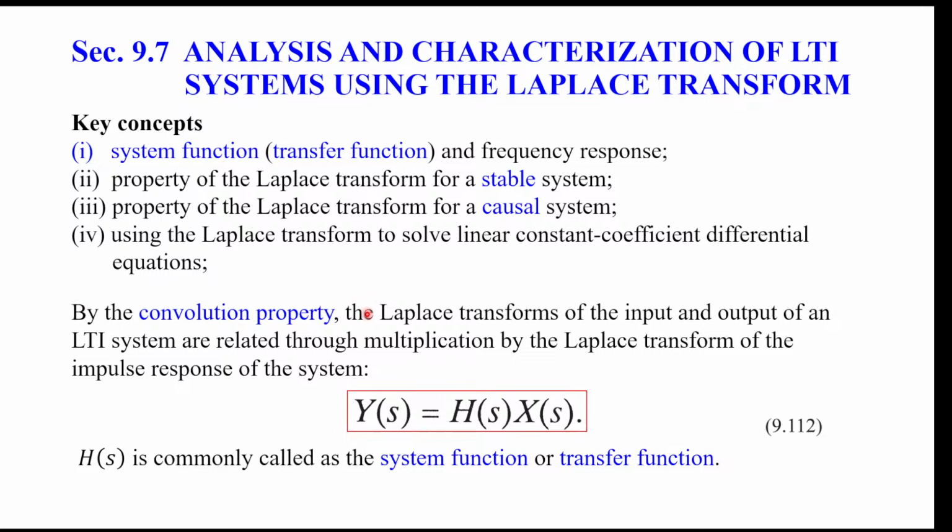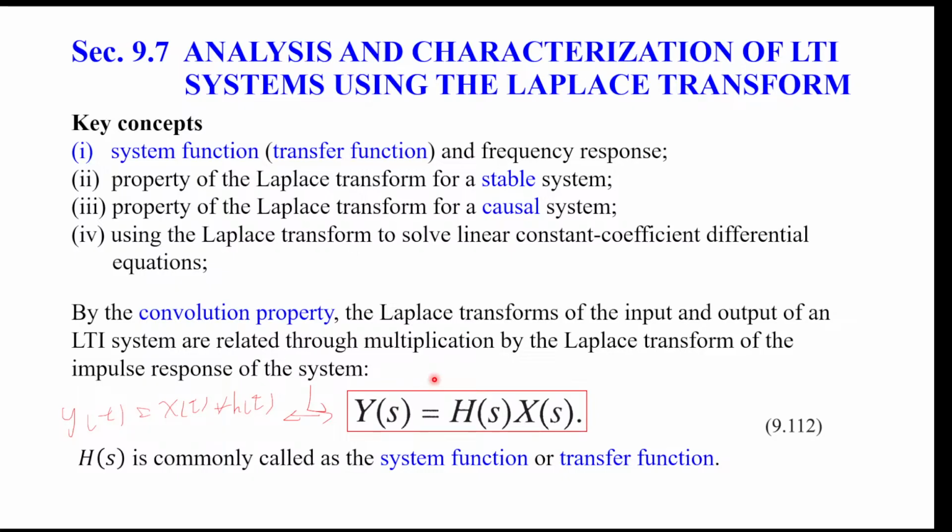In the time domain, we have output y of t equal to x of t convolved with h of t. This is what we know since chapter 2. And now because of the convolution property, in the s domain we have big Y equal to big X multiplied by big H.